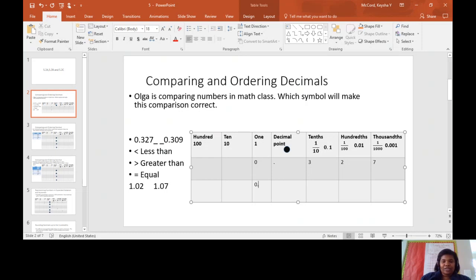And then 0, decimal, 3, 0, and 9. So here are her two numbers that she wrote in class, and she's comparing them.